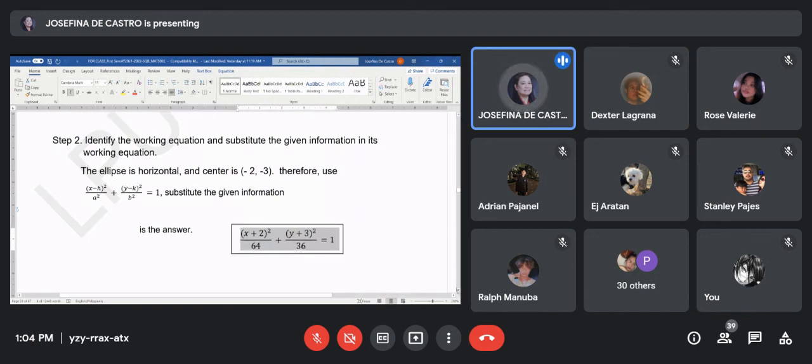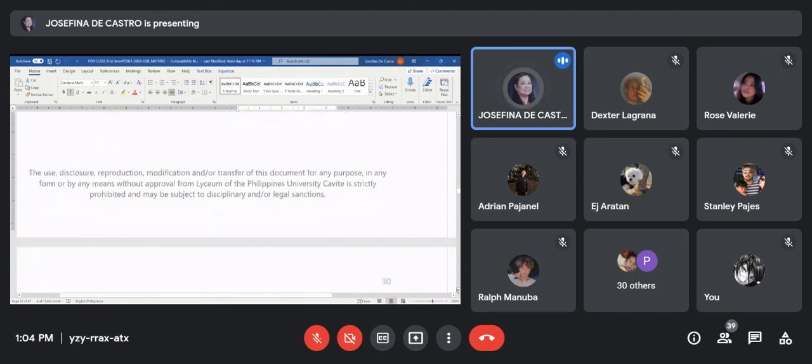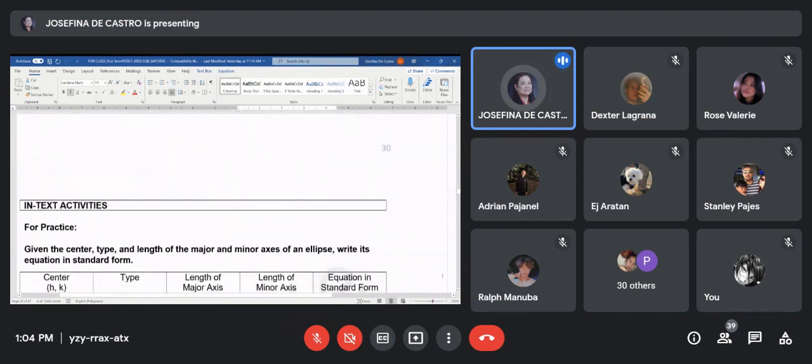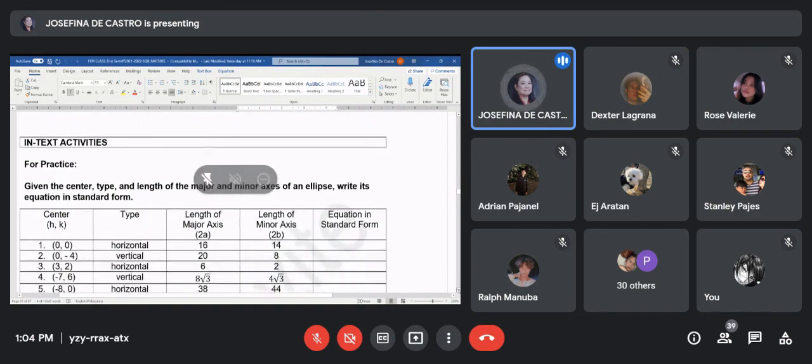The minor and the major cross each other. So when the co-vertex of your minor axis is above the center, it means your major axis, the vertices, are left and right. That's why I told you, you should be familiar with their names. Okay? So, we're done.